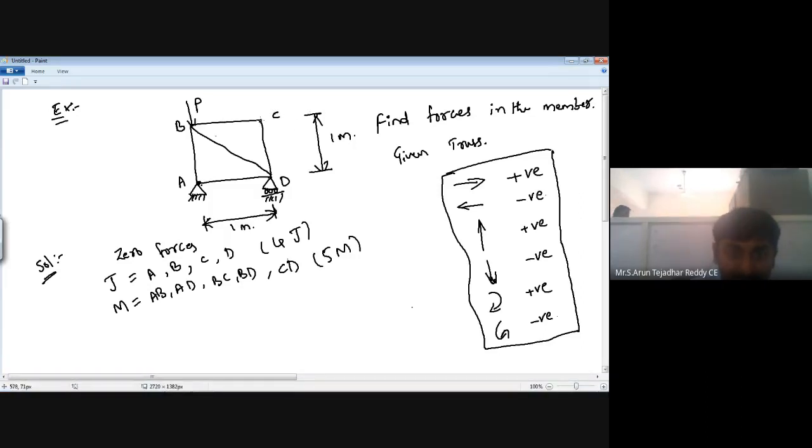If you take joint C, CB and CD are the zero force members. FCB is equal to FCD is equal to 0. I am saying these two members will get 0. But why? What is the reason behind it?